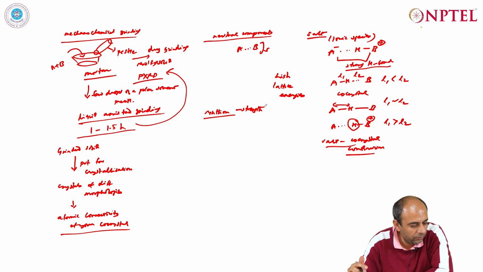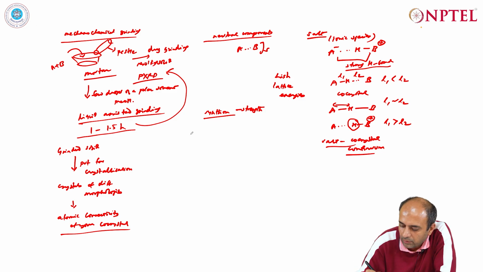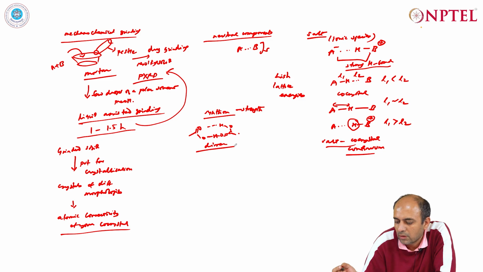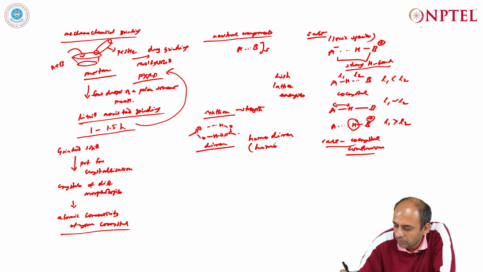So, for example, if you have hydrogen bonded co-crystals, we can have the well-known dimer. This is the acid dimer which we have all studied. So, this is the homodimer. This is a homosynthon.